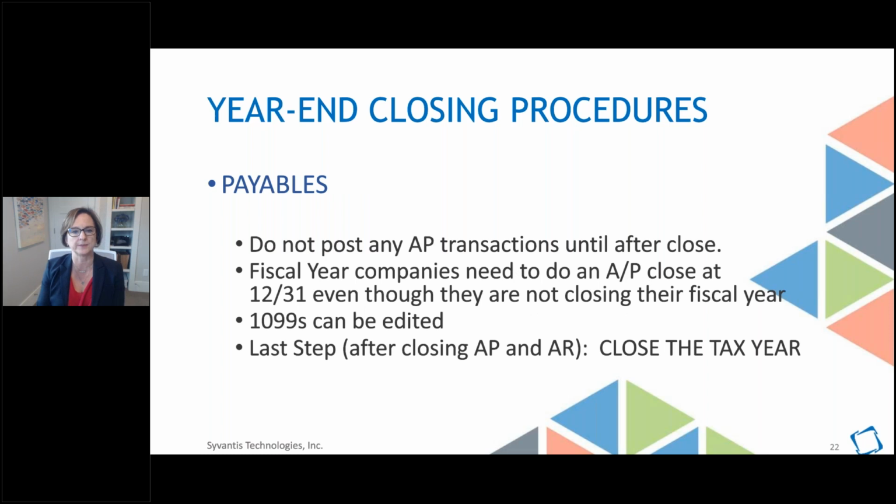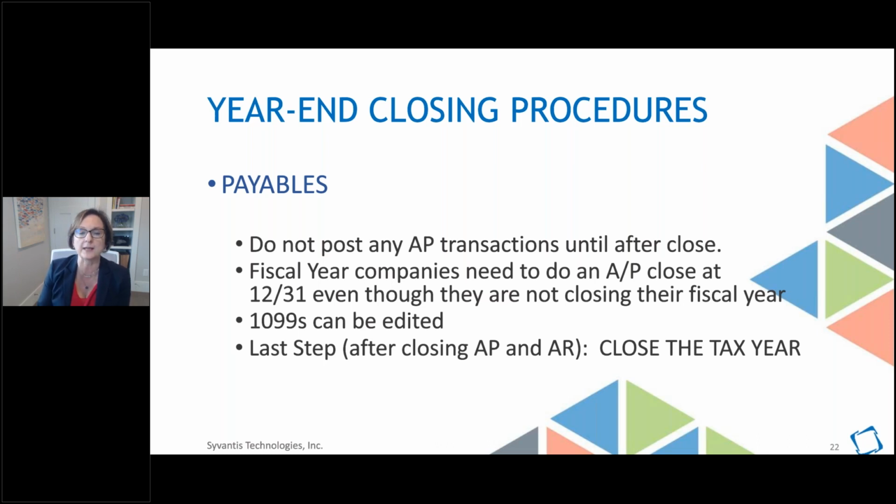Next one is payables. One of the important things is don't post any AP transactions until after you close, because that will make all your queries correct, as we discussed earlier. Fiscal year companies need to do an AP close at 12/31, even if you're not closing the fiscal year. So just make sure you do that.